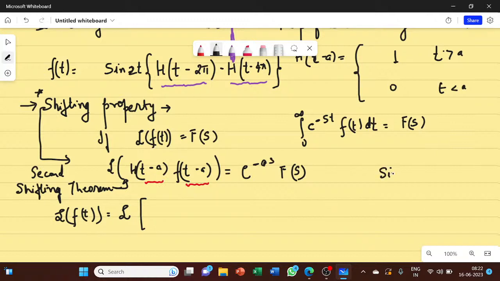Now remember, sin(2π − t) is equal to minus sin t. So instead of that, I will write sin of (t − 2π), because sin(t − 2π) would be simply sin t only, right?